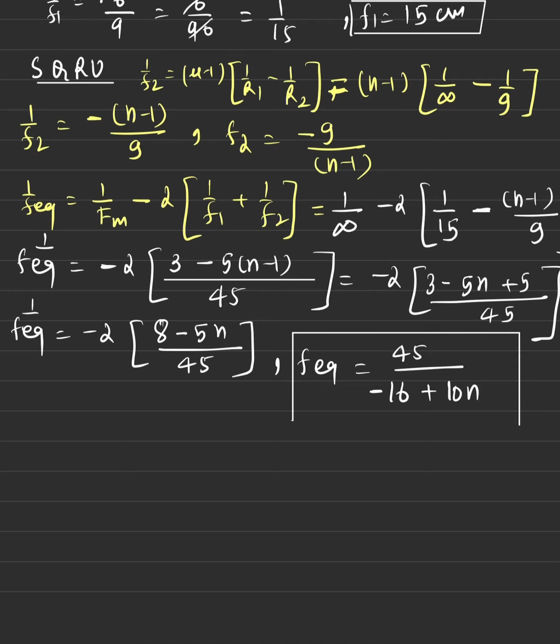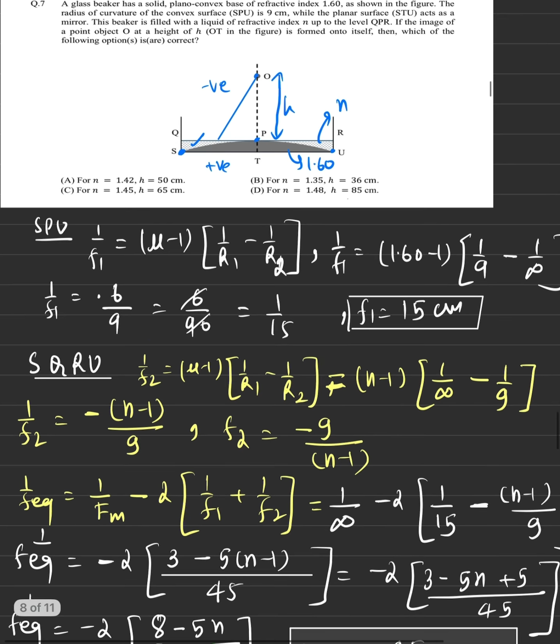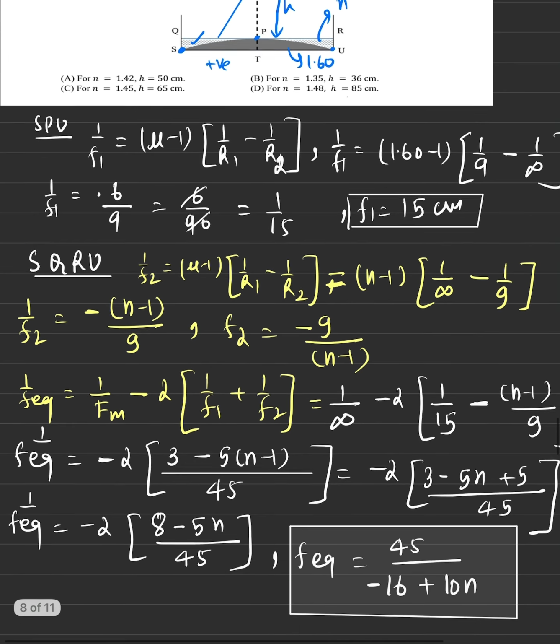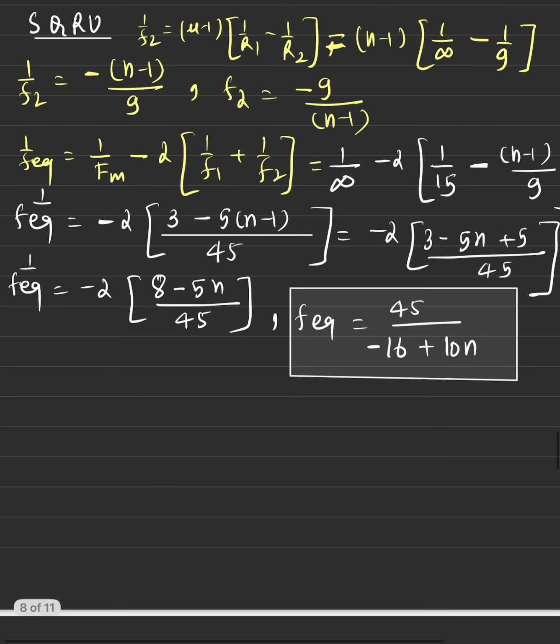So we can say that if the image is formed on the object itself, it means that finally the image is formed at the object itself. So we can write that h equals 2f, since the object is at the center of curvature of f equivalent.